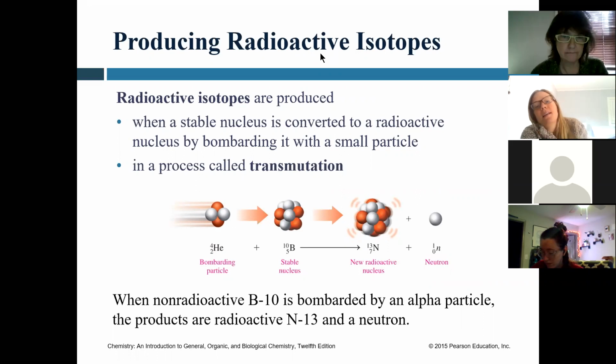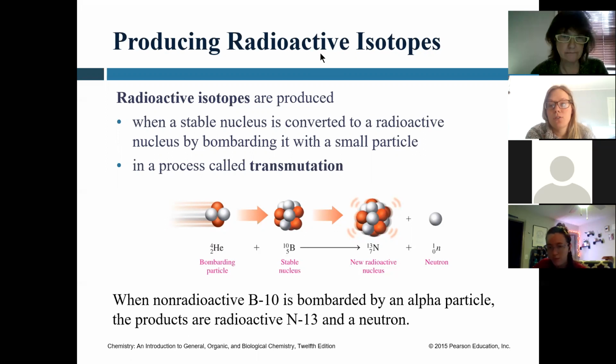So how do we get a radioactive isotope in the first place? A lot of times a stable nucleus, something that's happy on its own, will get bombarded. It will get hit with another particle, and that particle will then make it radioactive.